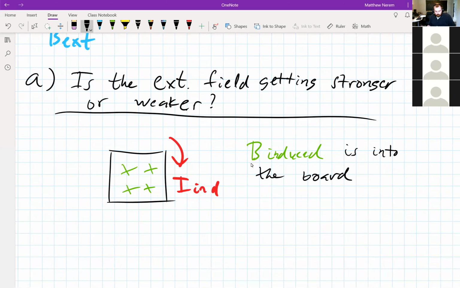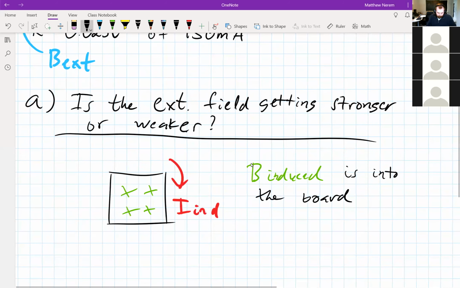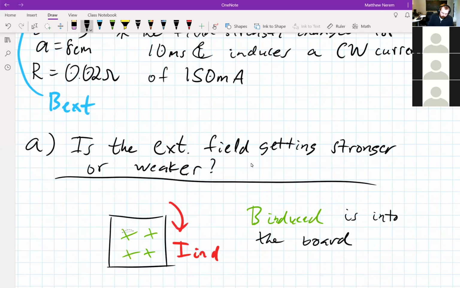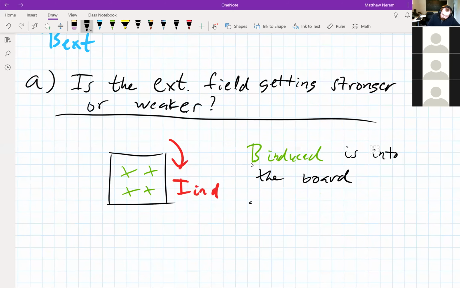Right. So, come back up here. The external field was coming out. Our induced field here is going into the board. So they are opposite. Let's see here. The induced is opposite to the external.